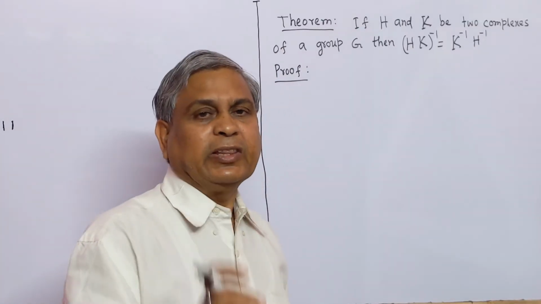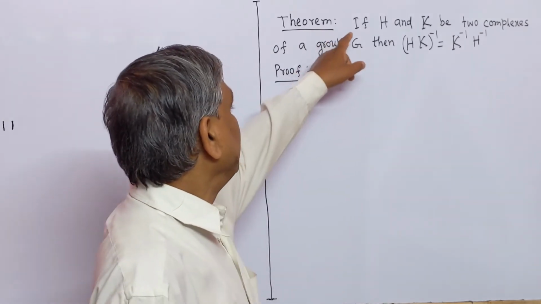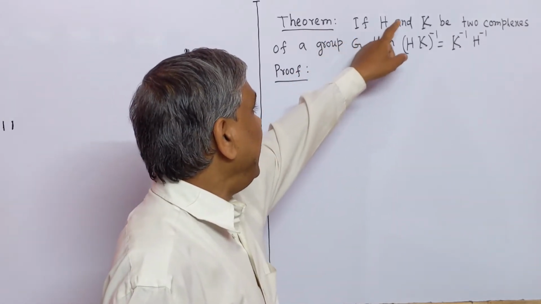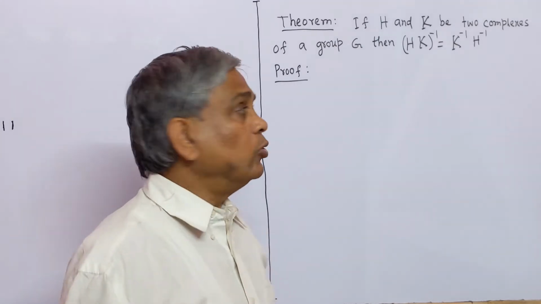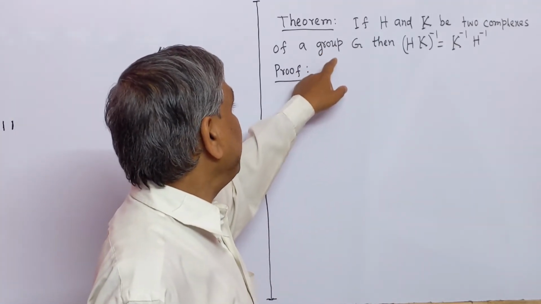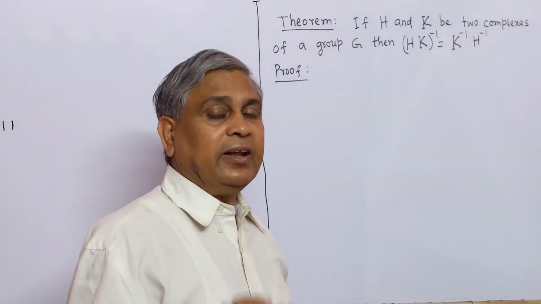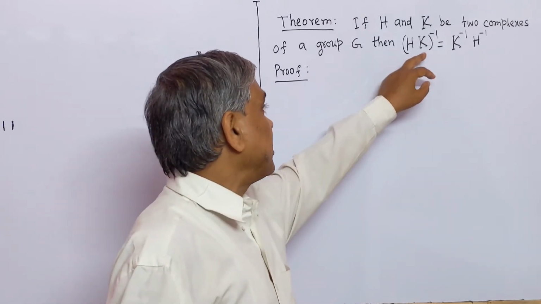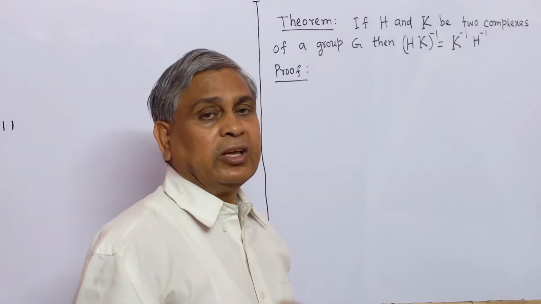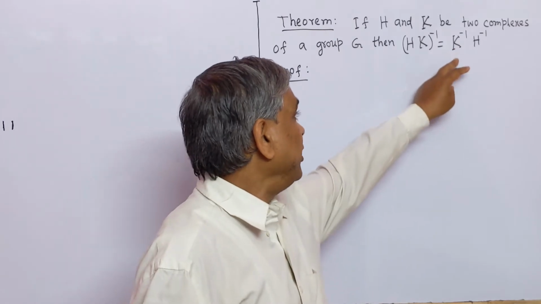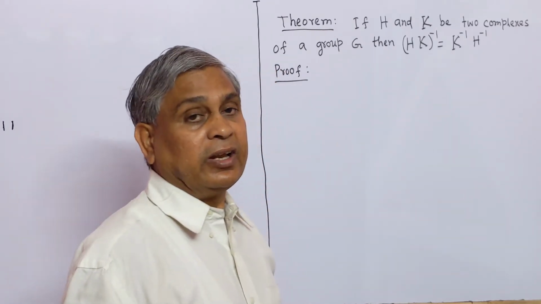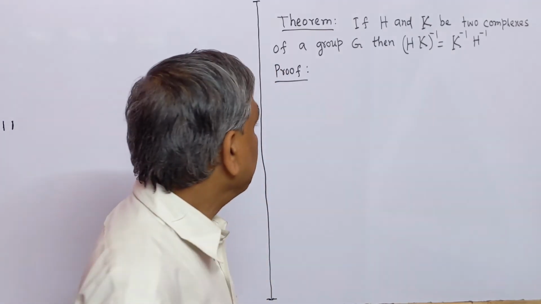Now we prove a theorem. Theorem: if H and K are two complexes of a group G, then (HK) whole inverse equal to K inverse H inverse. Now we prove this.